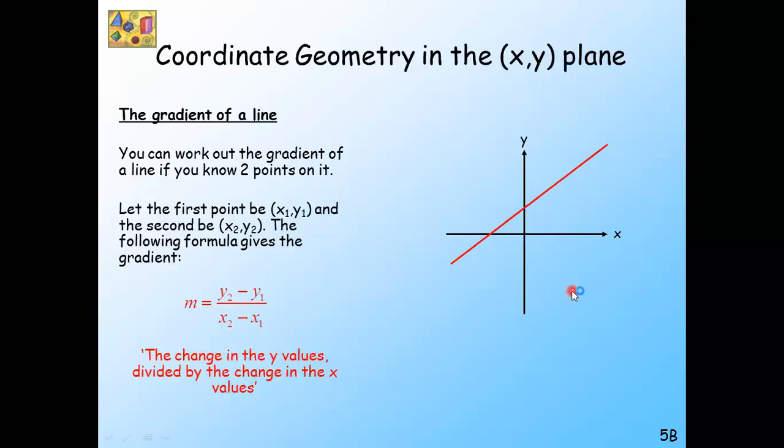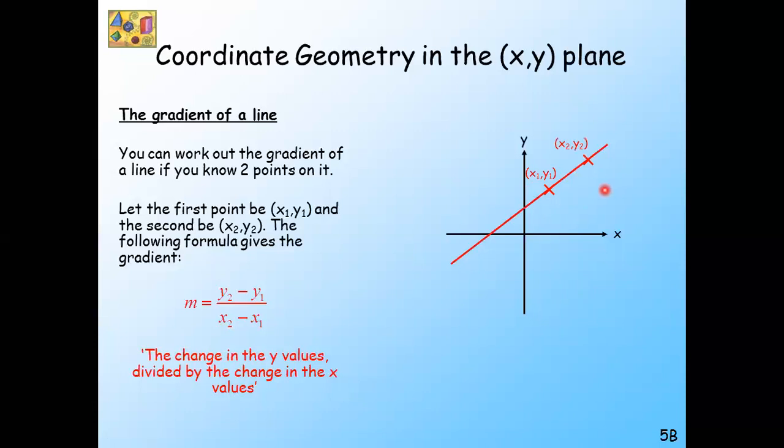Now consider my line here in red. I will talk about these points which I have indicated here as x1, y1, and also another point on the line which I will be calling x2, y2. You can see that there.